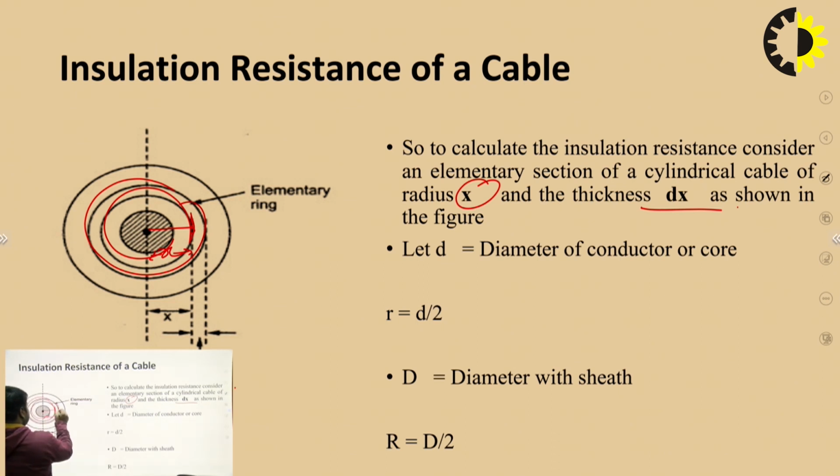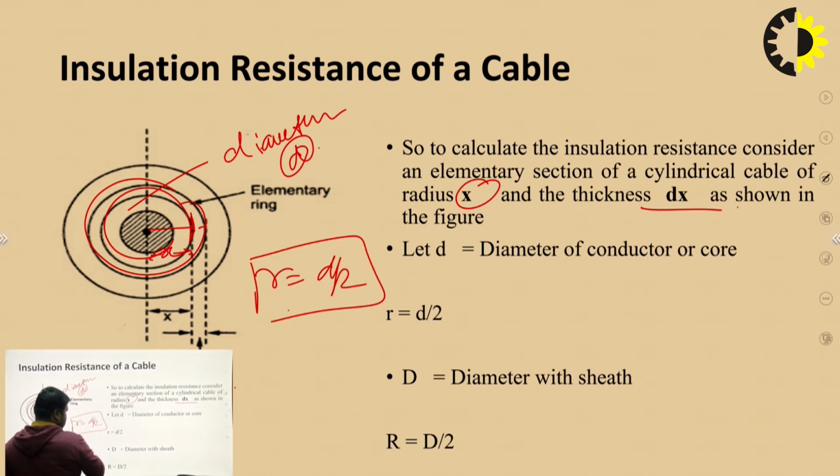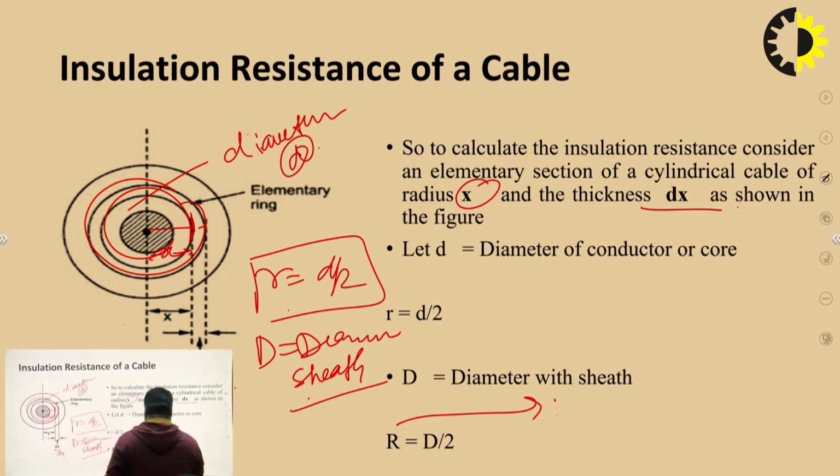This is the core side, the diameter d, and small r equals d by 2. Capital D equals the diameter with sheath, and capital R equals D by 2.